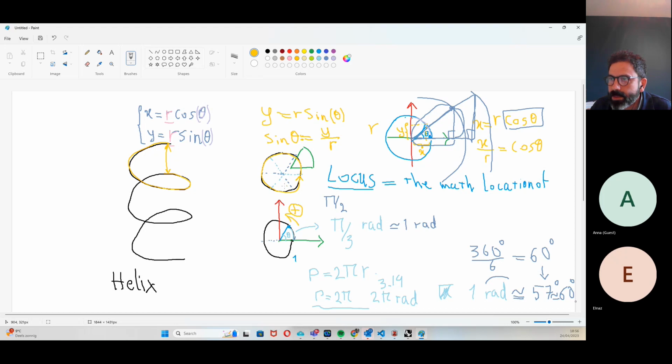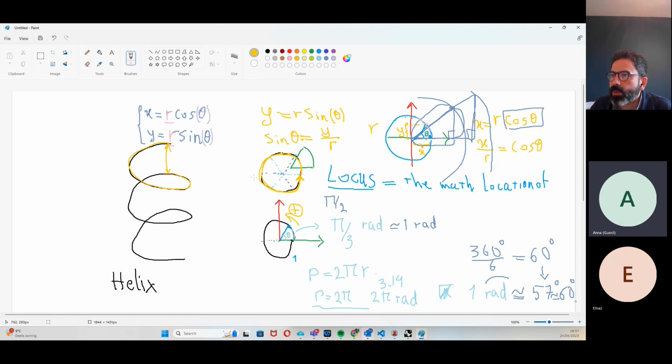And traversing 2 times pi in the positive trigonometric direction will be equal to basically traversing through the entire trigonometric circle, turning 1 round. Okay. So far, so good? Yes.